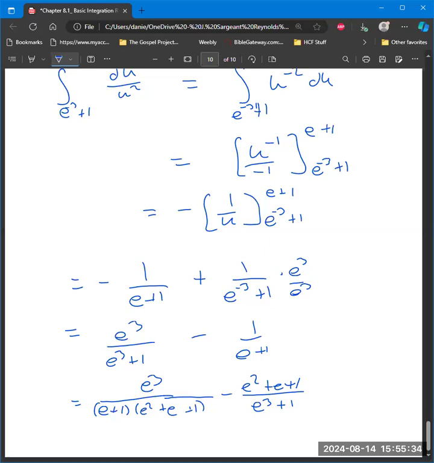So that's going to be exactly e to the third minus e squared minus e minus 1 over e cubed plus 1 is exactly what my answer is, and that should be about 0.684.